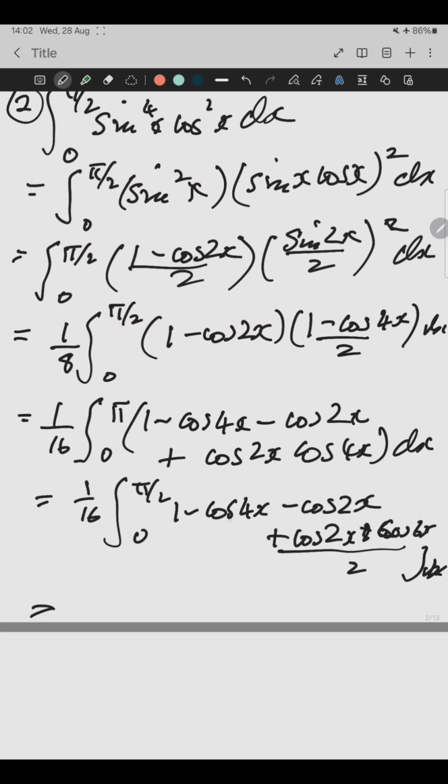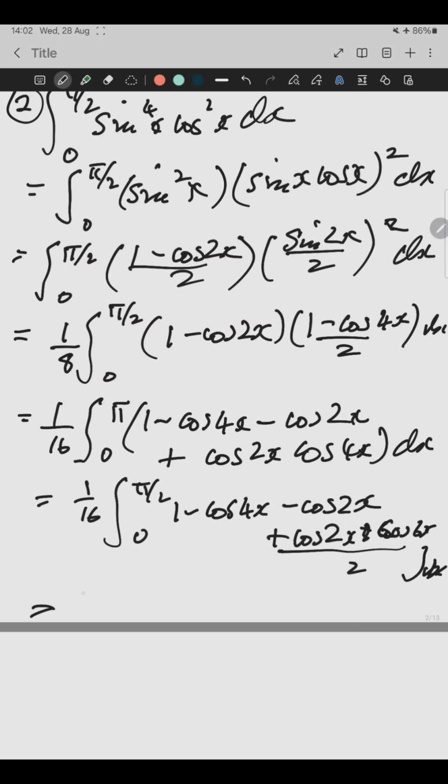Now, all the terms which have a cosine in it, when you integrate them, will become sines with even multiples of x. So when you substitute in 0 and pi upon 2, they'll simply disappear.